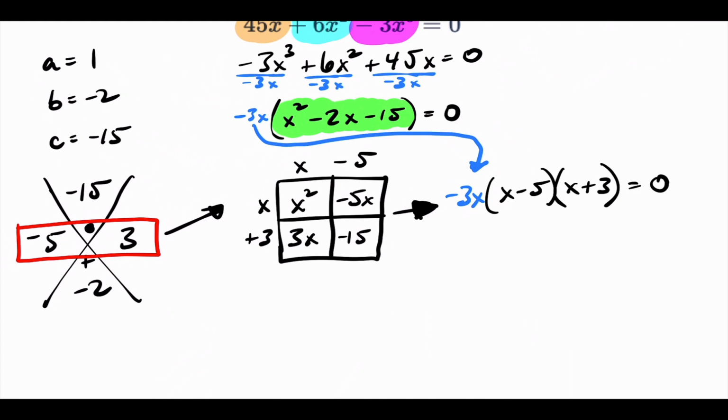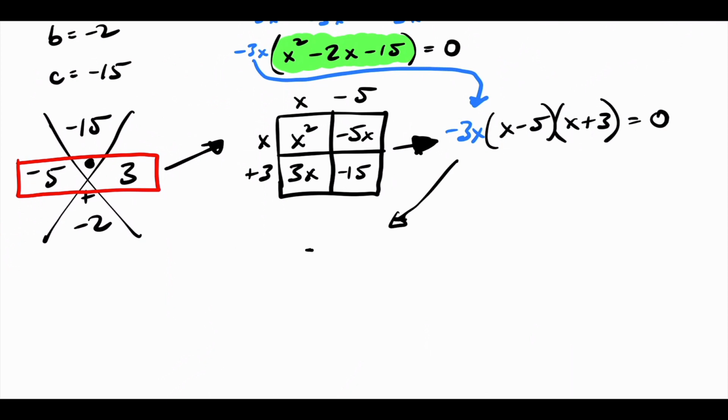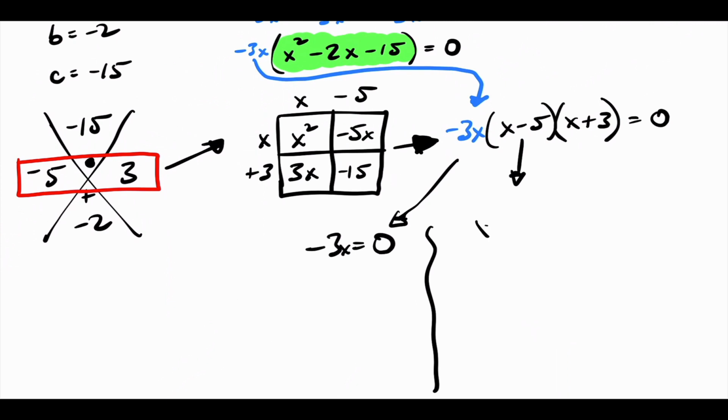So now I have three factored terms. Negative 3x, x minus 5, x plus 3. They all need to be set equal to 0 to solve. So negative 3x equals 0. X minus 5 equals 0. X plus 3 equals 0.